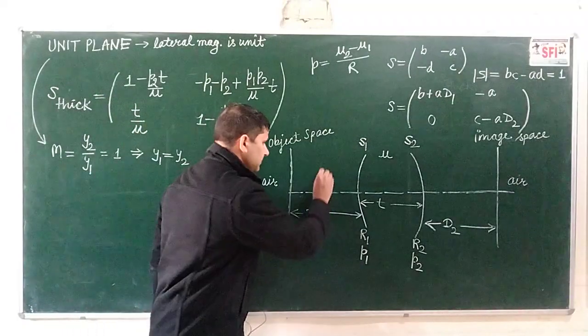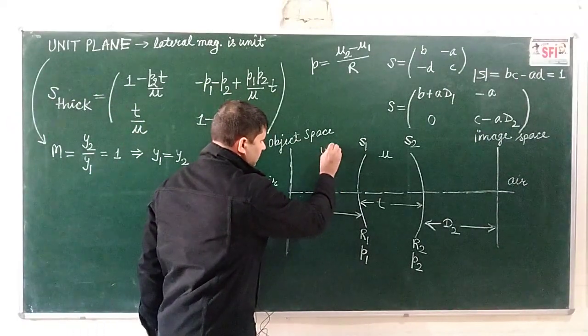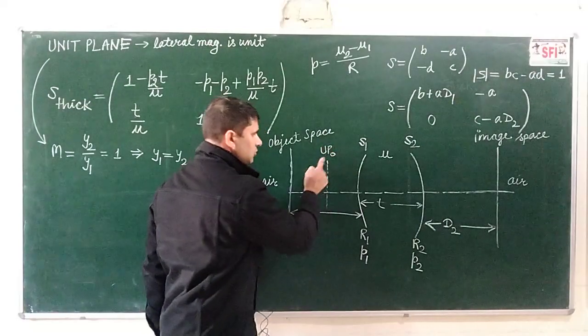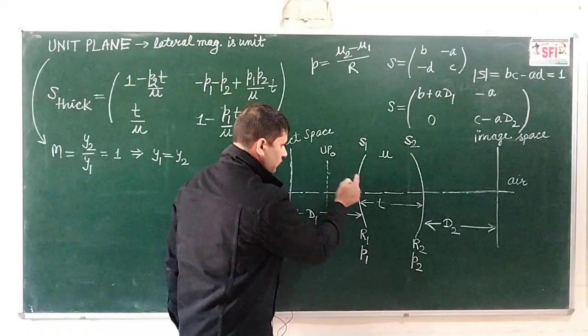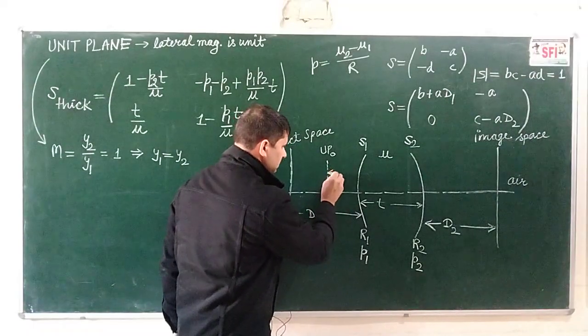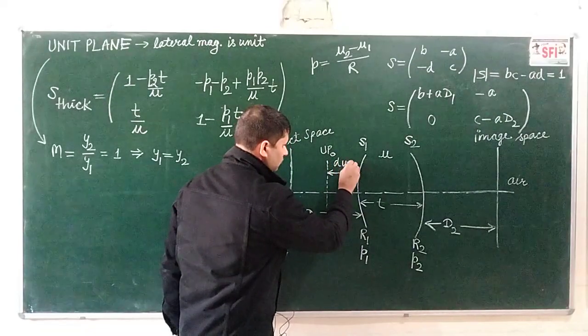So this means that you will get y1 and y2 equal. This is the first unit plane, and it is in the object space, and its distance from the refracting surface is du1.